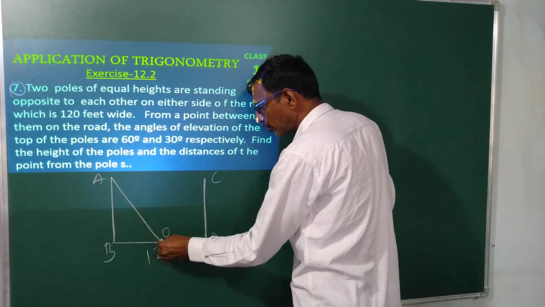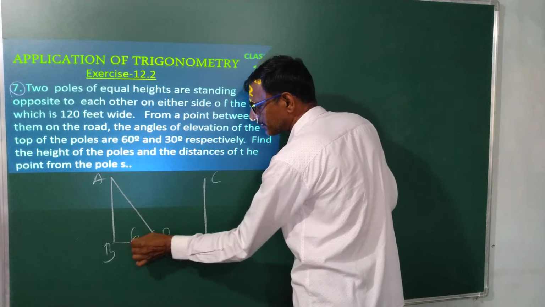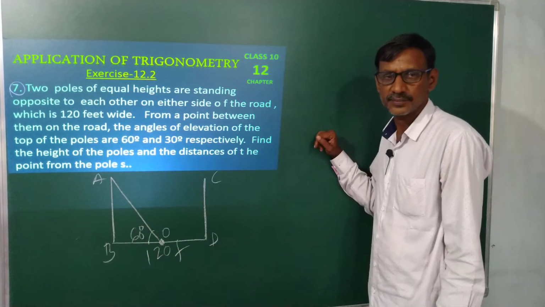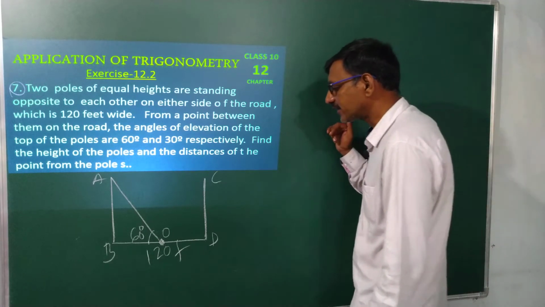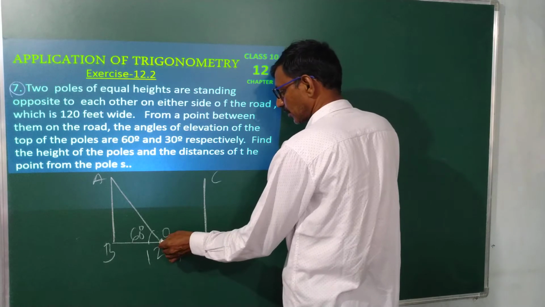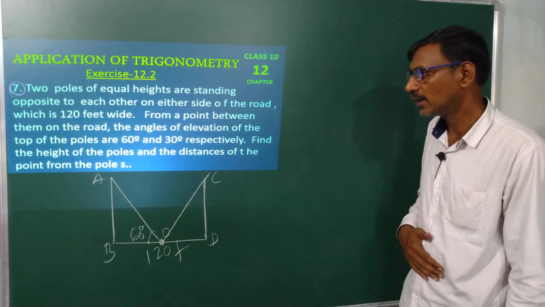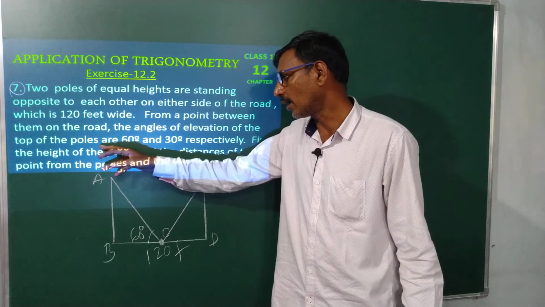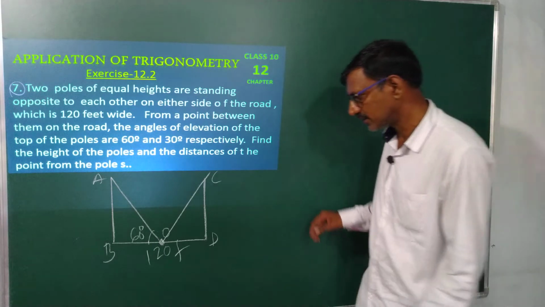If it is nearer to this one, it makes a bigger angle, that is 60 degrees, and 30 degrees respectively for the two poles. Say this is 30 degrees.